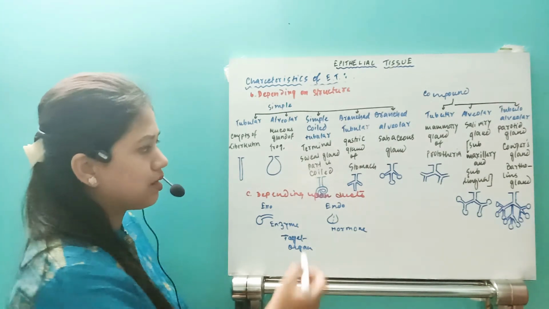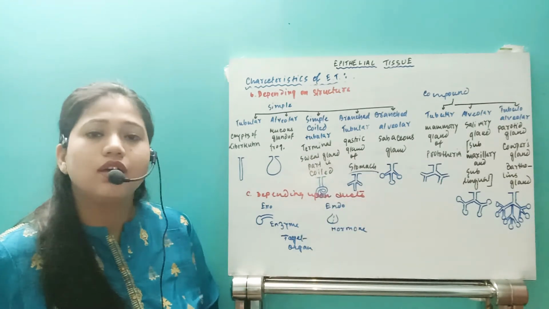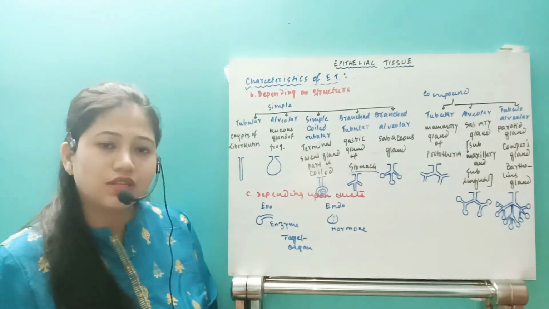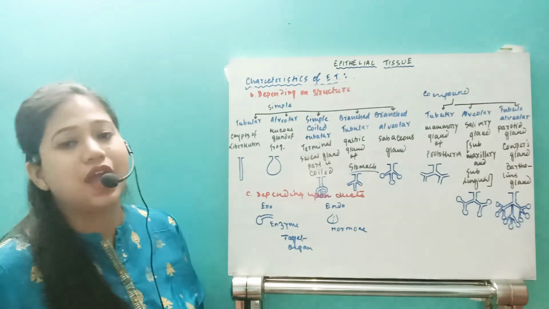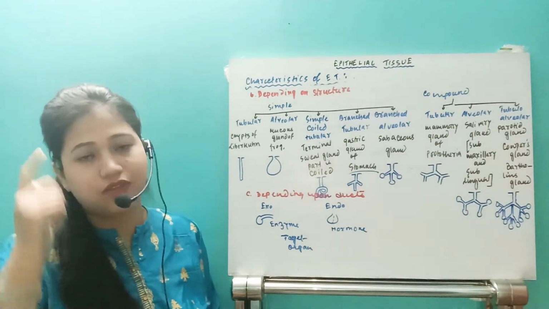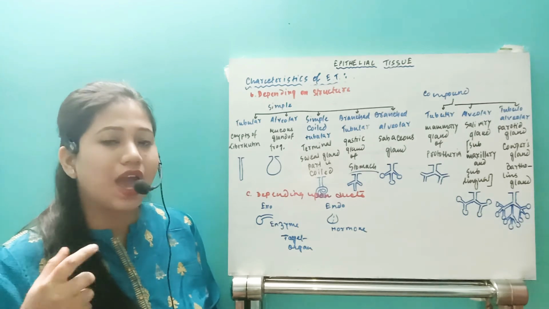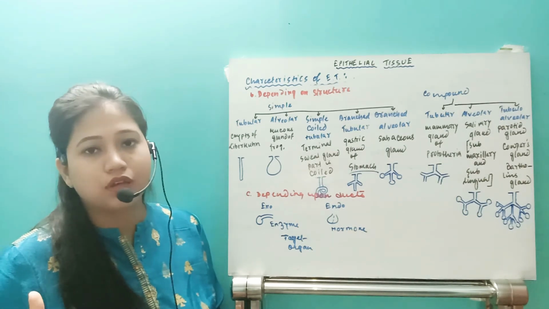One example I have given: the gastric glands are present on the gastric wall and secrete their secretion into the stomach itself, isn't that so? But for the endocrine glands, one example I can give is the pituitary gland. The pituitary gland will secrete its secretion and it has to reach the region of the kidney.